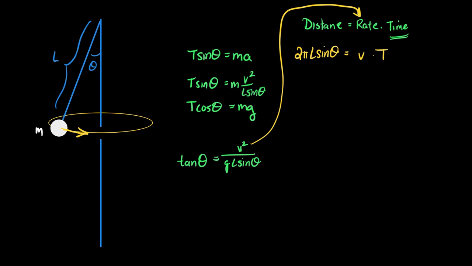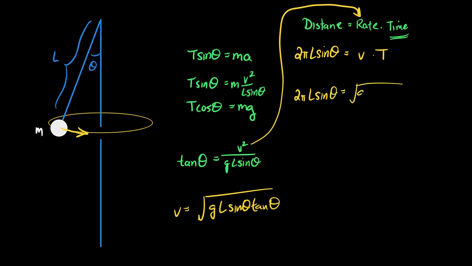V is the square root of GL sine theta tan theta. Not a whole lot I can do about that, but I have 2 pi L sine theta equals the root of GL sine theta tan theta times T. I just want T. I want the period of oscillation.